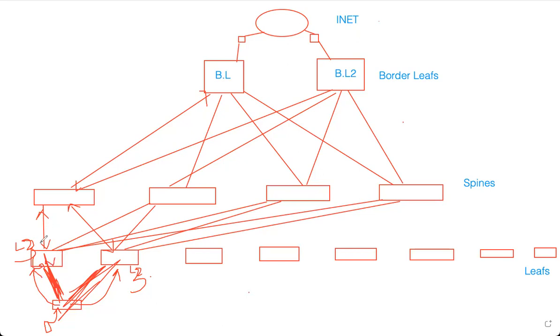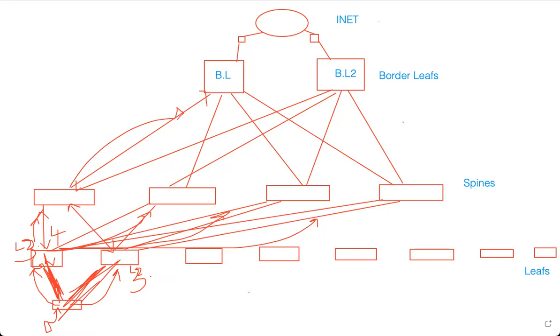And from here, they can use any of these 8 links, any of these 4 links to each spine. They can hash, for example, send one packet to this one, one packet to this one, and one packet to this one. And from here, they can use any of these links to go out. So we are not blocking one link or the other. We are making full use of all the links at a time.